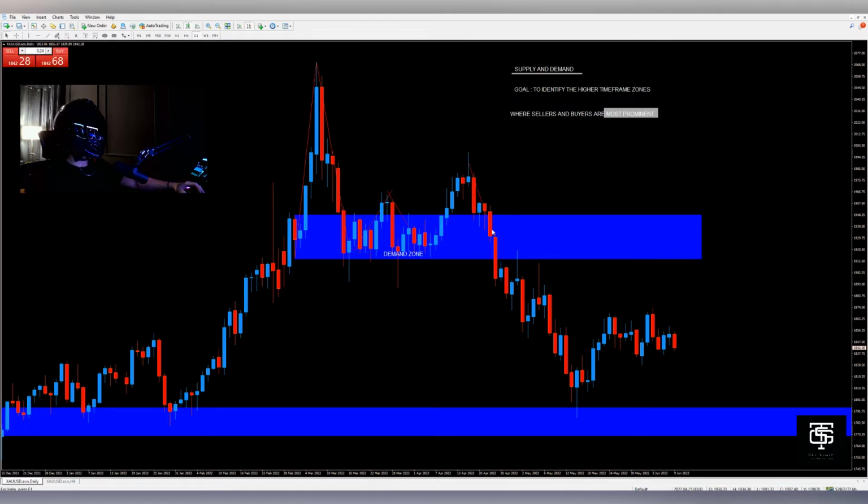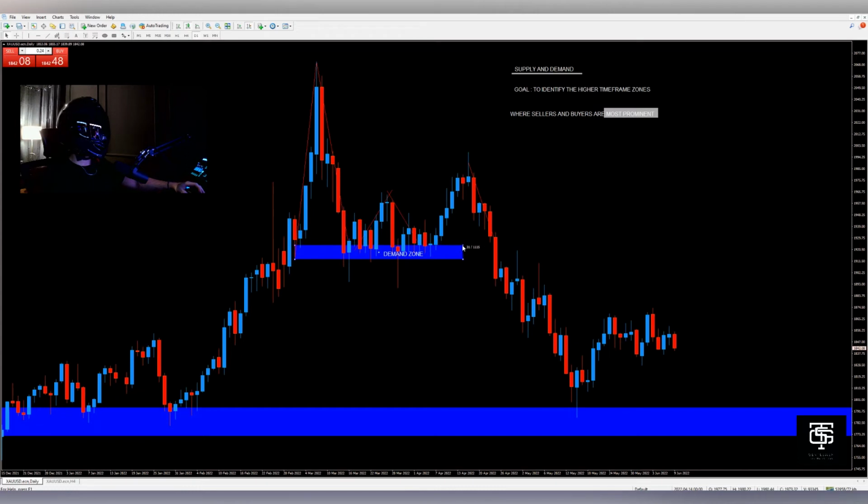As soon as price came back into the zone, price broke below. So that's when this demand zone is now a supply area, which I will go into deeper, but for now I just want to share with you how you are supposed to mark your supply and demand zones. So this would be your demand zone area.